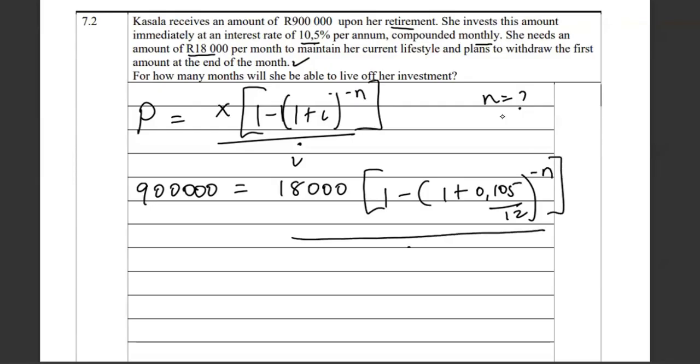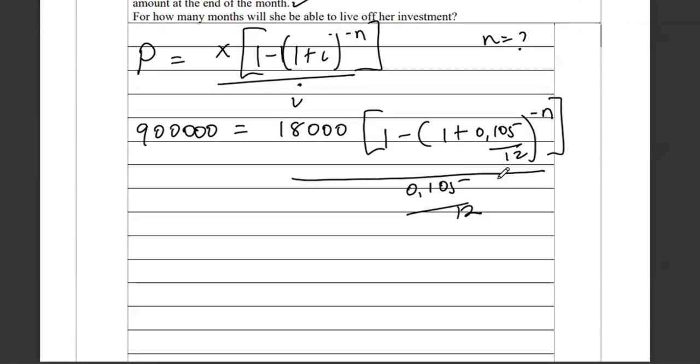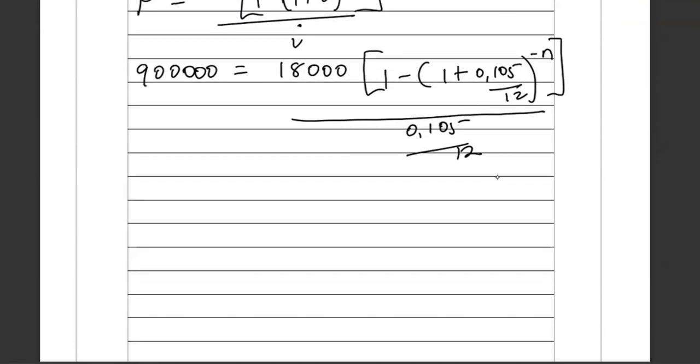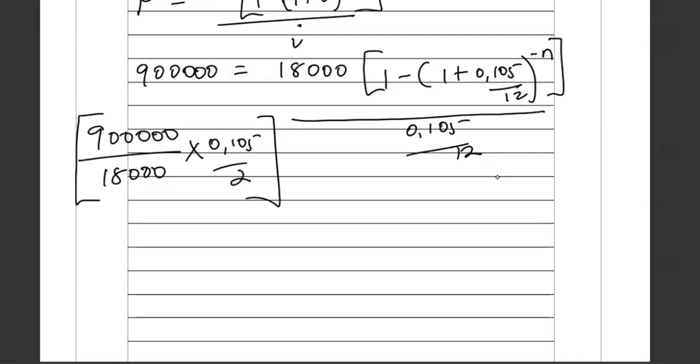We're dividing this by 0.105 over 12. So first things first, I can divide both sides by the 18,000 and then multiply with this. So I'm saying 900,000 over the 18,000 times 0.105 over 12. Wherever I get here, I must subtract 1, and then I'll get a negative answer.